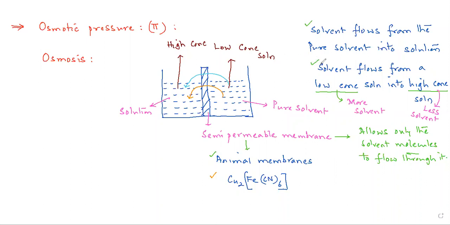Solvent flows from the pure solvent into solution, or solvent flows from a low concentrated solution into a high concentrated solution, right? But remember, SPM allows the flow of solvent molecules only, but not solute. Okay.